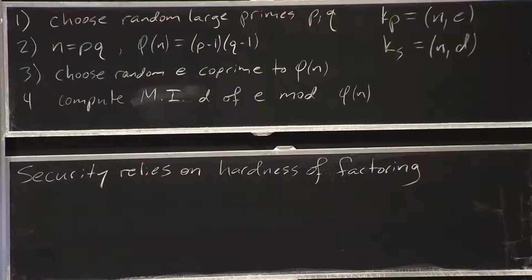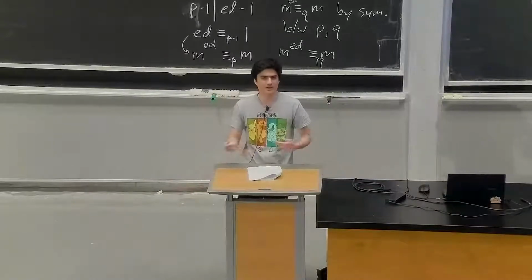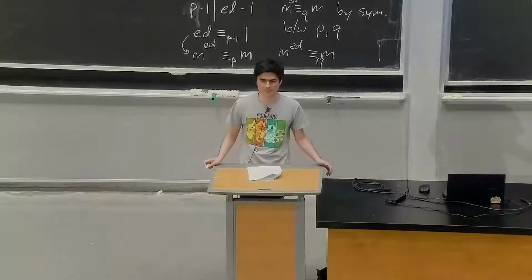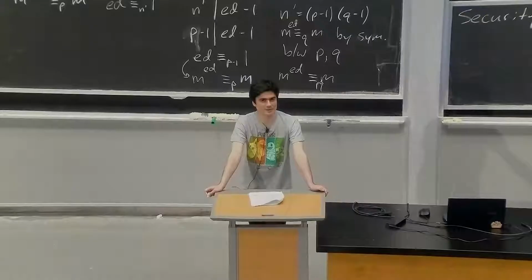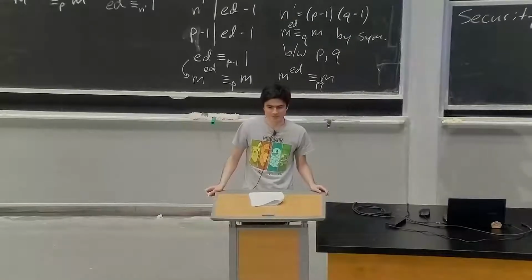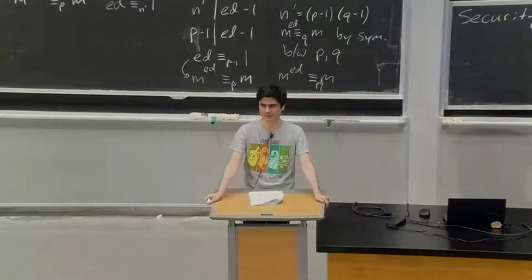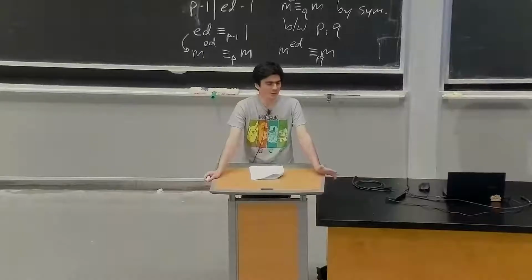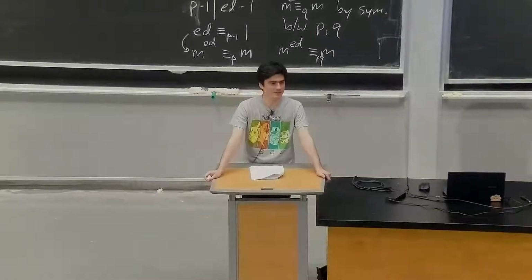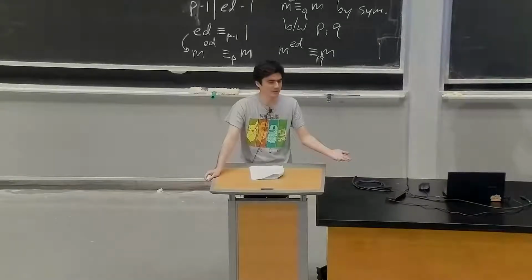Okay. So the basic idea is that if you have n, it should be hard to come up with p and q. Okay? And I claim that this is a much safer assumption than was used with Enigma, because this is a very well-studied problem. People have been trying to factor things more efficiently for hundreds of years, and mathematicians have not found an efficient way of doing this. So in particular, the adversary will presumably not be able to do it.